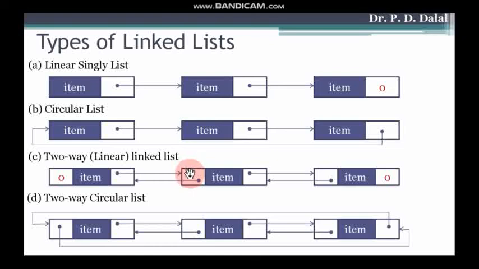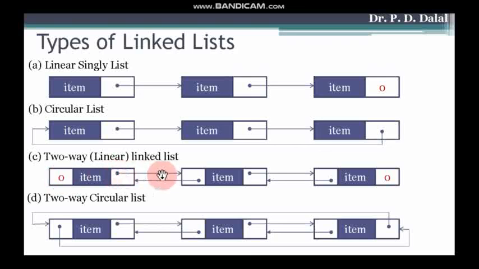We have 4 types of linked list available: linear linked list or singly linked list, that is the one we have seen; circular linked list, which is linear plus the last node will have the address of the first; two-way linear linked list, where the first and last node will have the pointer 0.